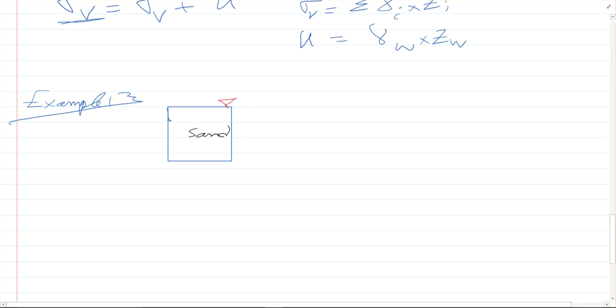So the water table is right above the sand. The symbol of water table is this small rectangle. That means the entire sand is saturated. Now we're looking at the point of interest, X, at a depth Z. And we agreed this is saturated soil.